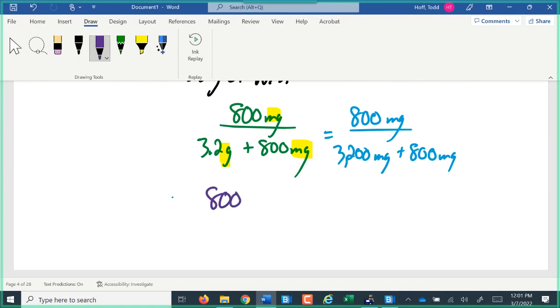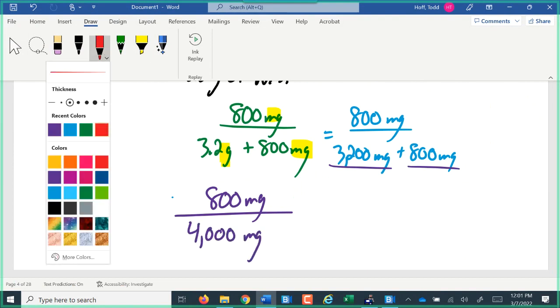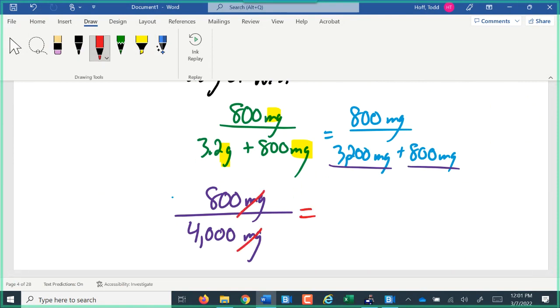Now it's 800 milligrams over 3,200 plus 800, which is 4,000 milligrams. Units are the same. We can cancel those out. 800 divided by 4,000 is 0.2, or 20% solution.